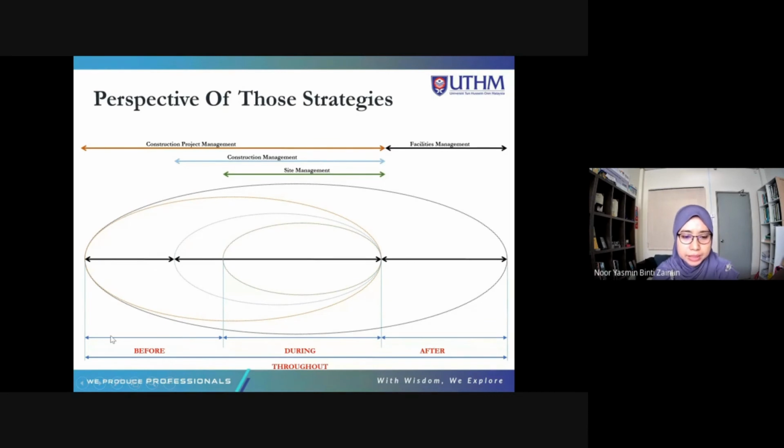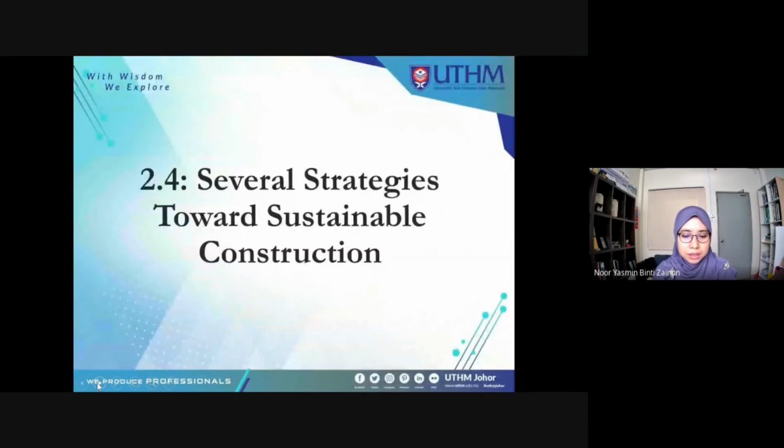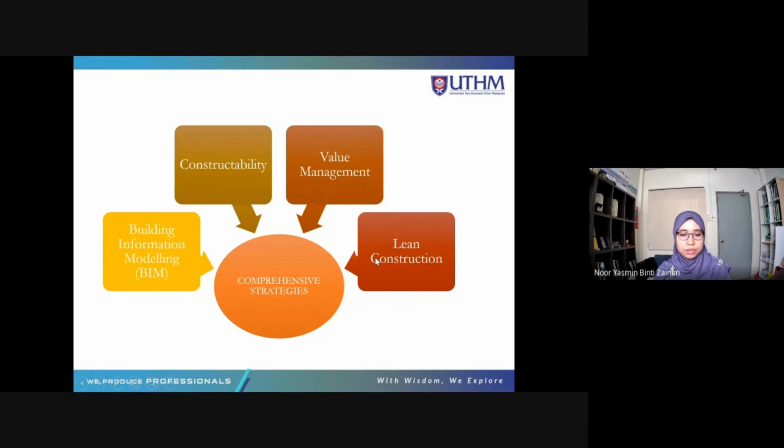So all these can be done before, during, after, so throughout the construction project management and also facilities management. And several strategies towards sustainable construction. We have actually 4 strategies, which are BIM, Building Information Modeling, constructability, value management, and also lean construction. Okay.